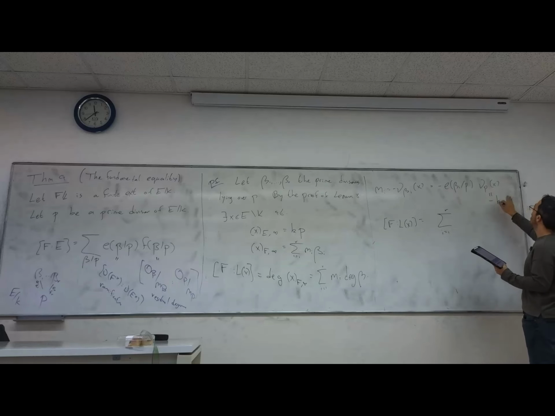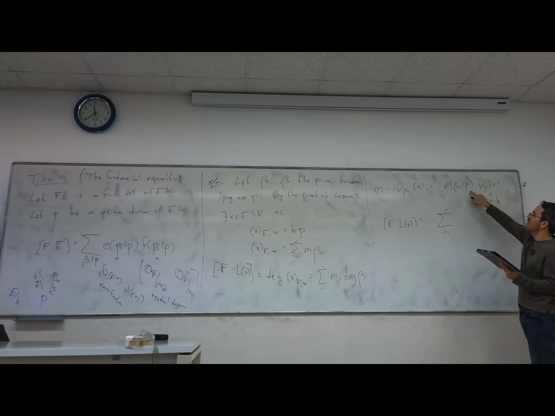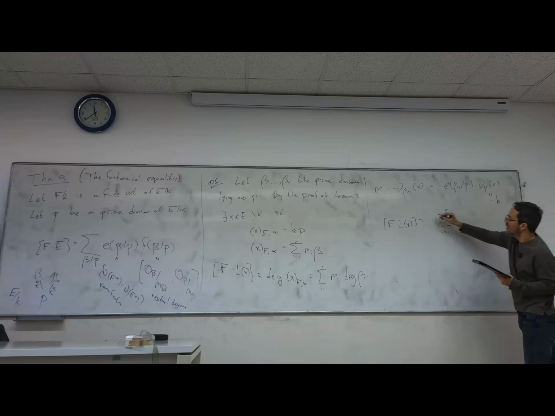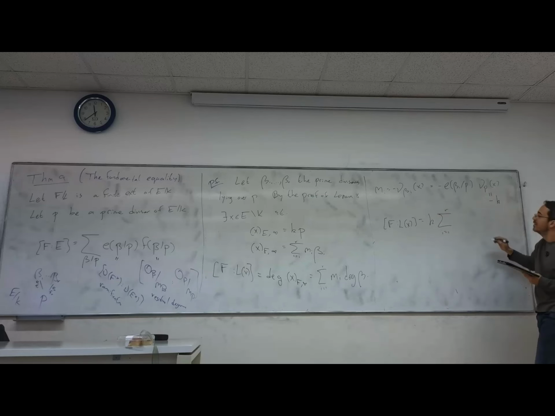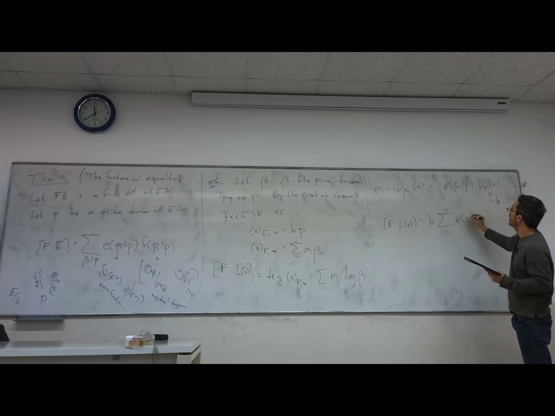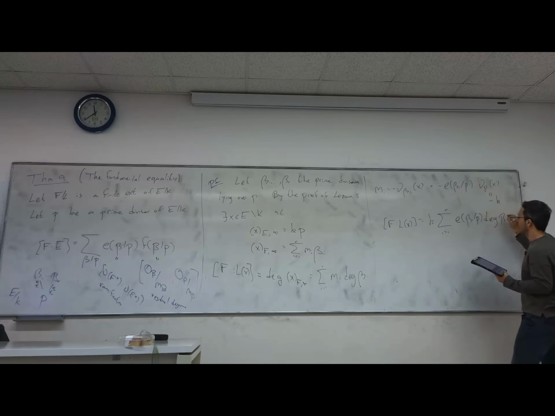Now I'm going to replace m_i by minus k times minus this thing, so ignore the minuses: k times that times the degree of pi. But k is independent of i, so I can put it outside. And then I can have this ramification index multiplied by the degree of pi from here.